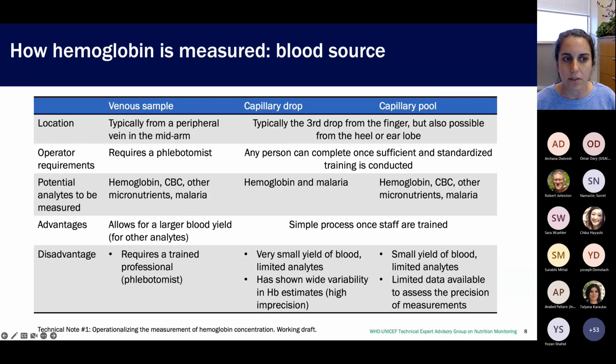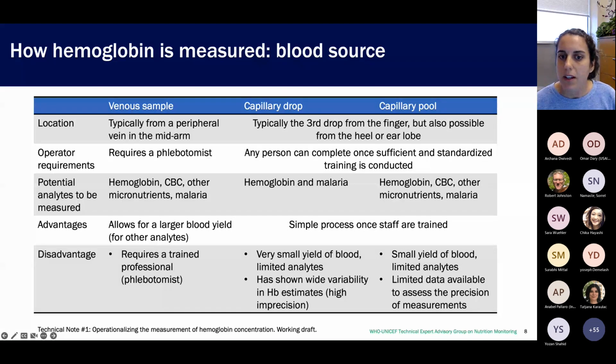So let's go over some key characteristics of the different blood sources. We've already talked about the location of the sample. Venous samples would require a phlebotomist, whereas capillary samples, so single drop or pooled, can use any person that has received sufficient standardized training.